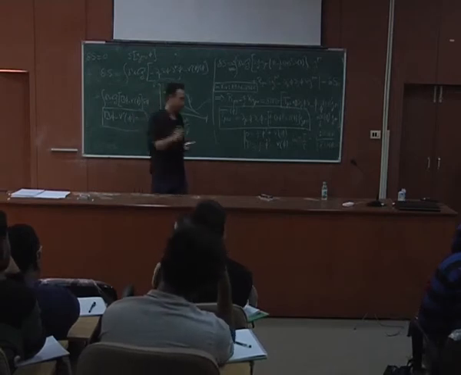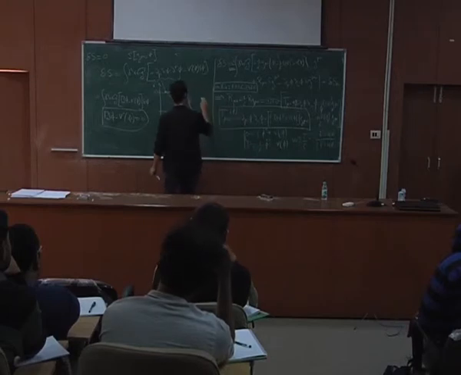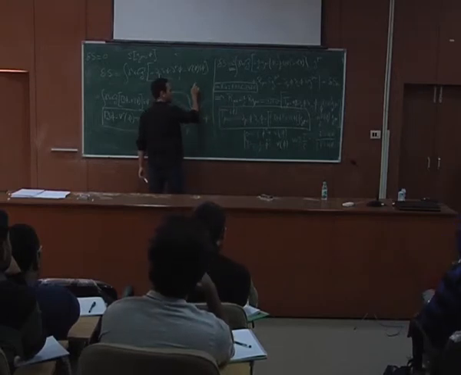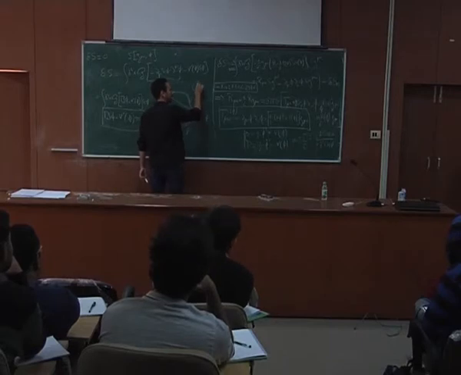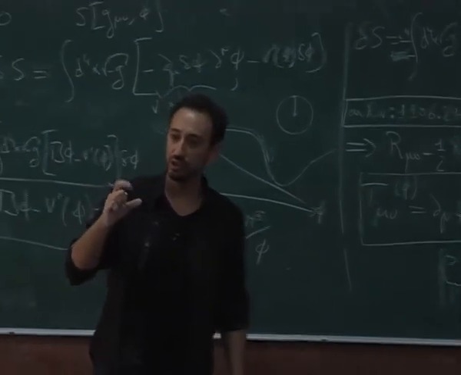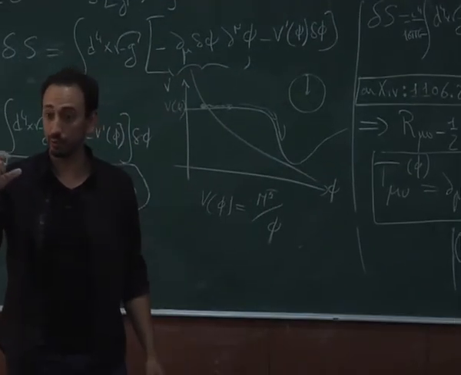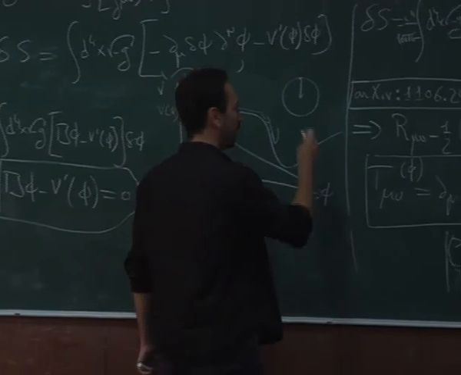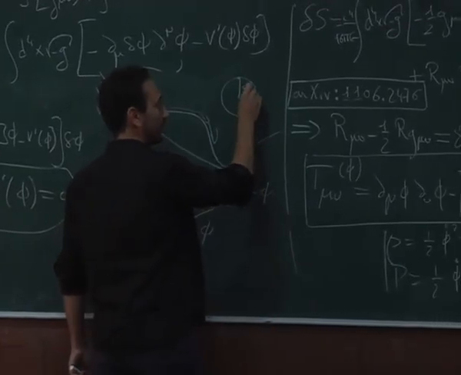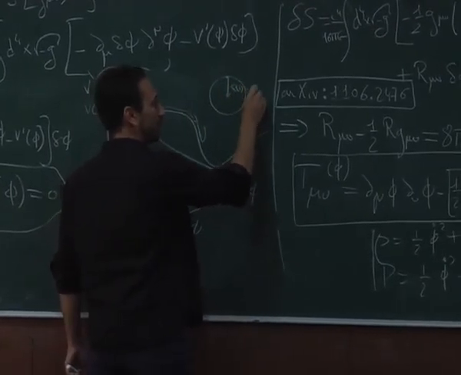So they have a radius. If you take just one extra dimension, it has a radius like this, okay? Now imagine that this radius actually changes in time. It can fluctuate. So now this radius, I will call it r of t. If I want, I will call it phi of t.